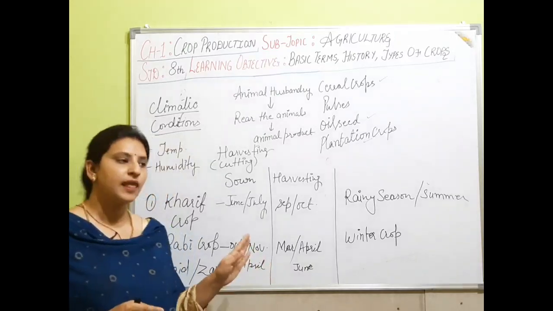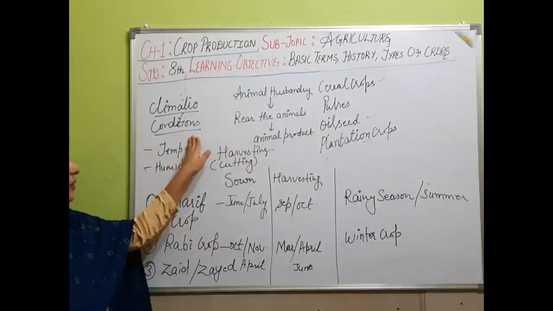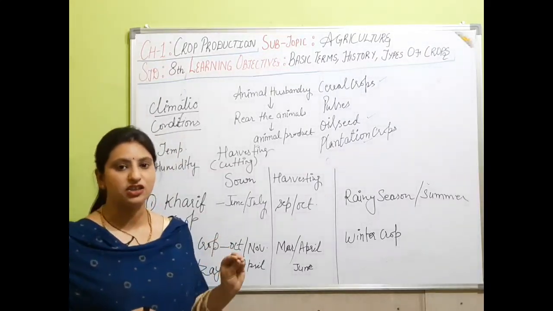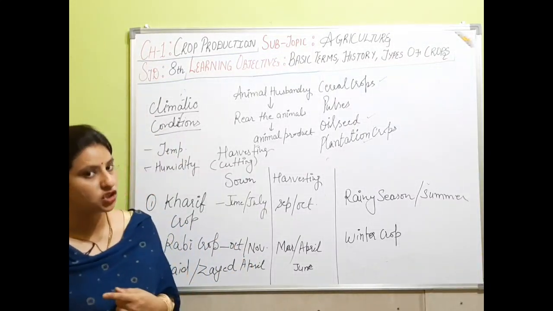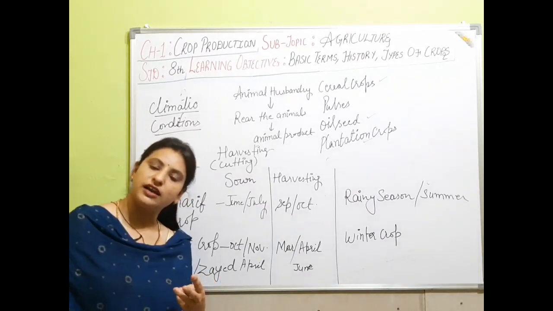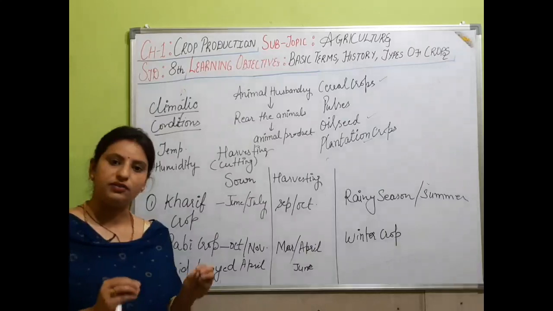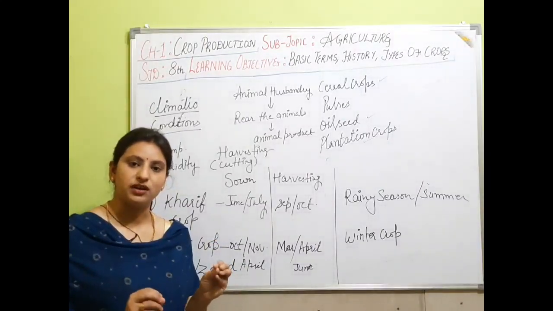Then we covered the climatic conditions: every plant requires specific climatic conditions to grow, including temperature, water, and humidity. All these are required for the proper growth of a particular type of plant.